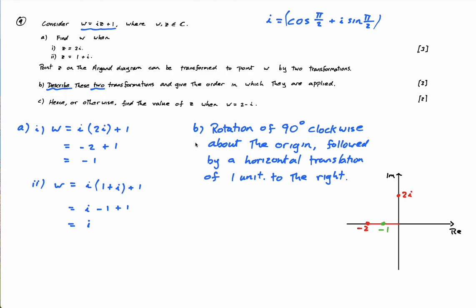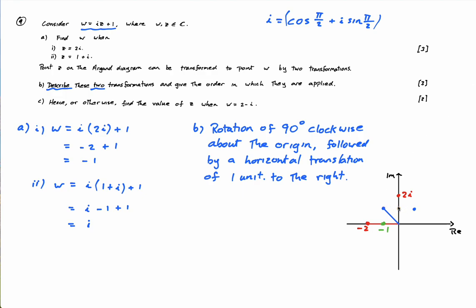Similarly, let's say our complex number z was 1 plus i. That would have put it there. If we rotate this 90 degrees, it's going to go here, which is negative 1 plus i, and then we add 1, which brings it over here.